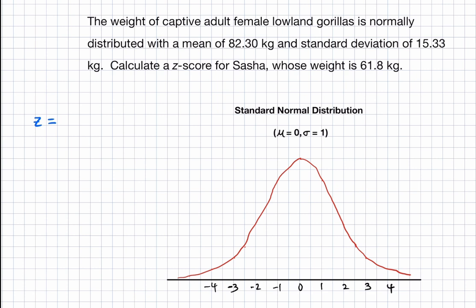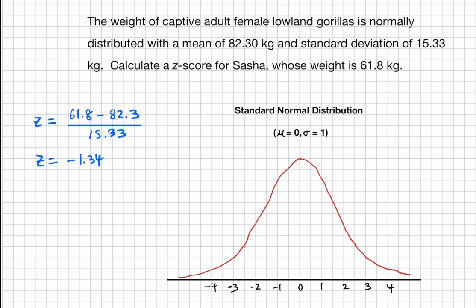Okay, Sasha weighs 61.8 kilograms, and we're going to subtract the mean, which is 82.3, and we're going to divide that by the standard deviation of 15.33. And if we punch this into the calculator, the z value works out to negative 1.34.